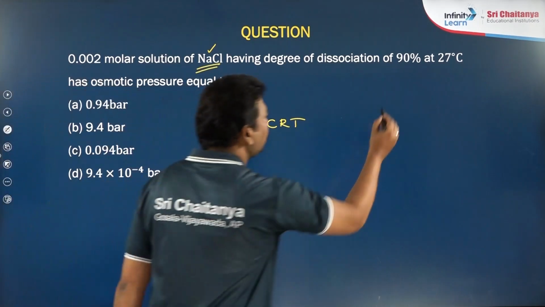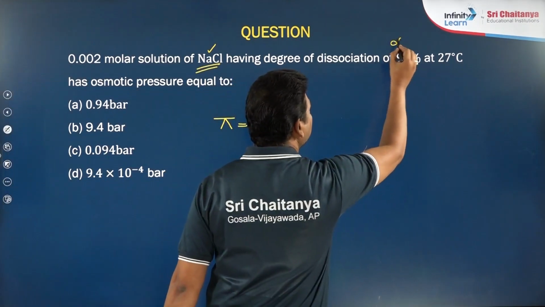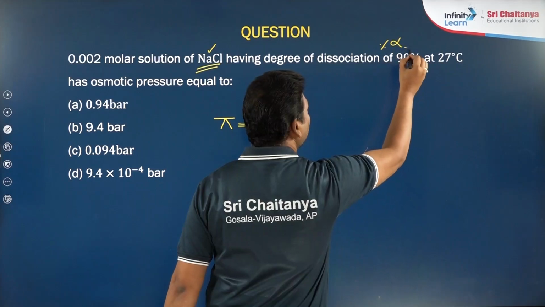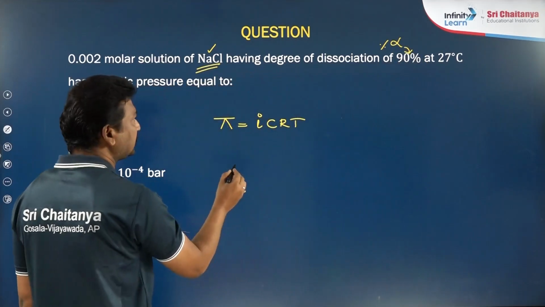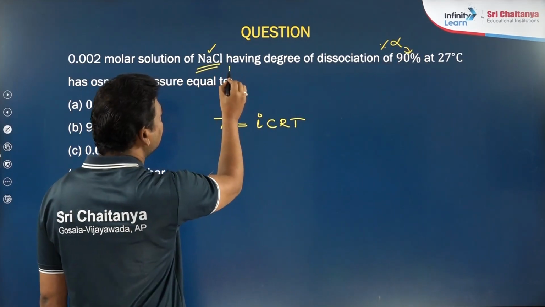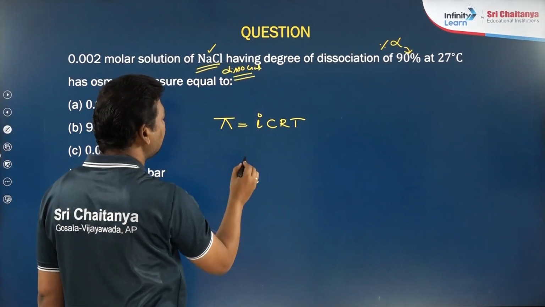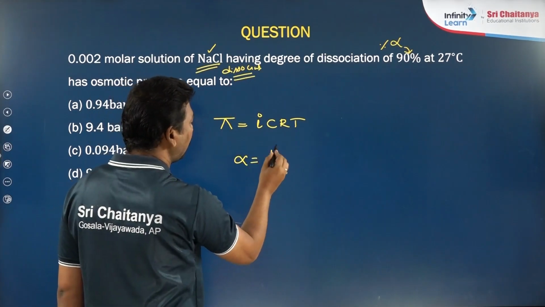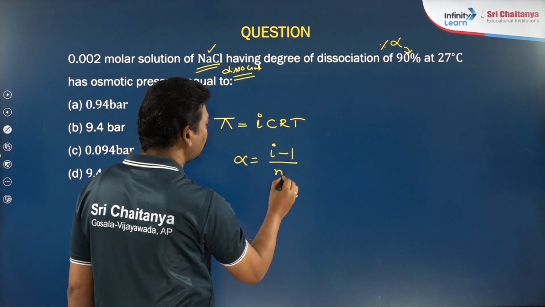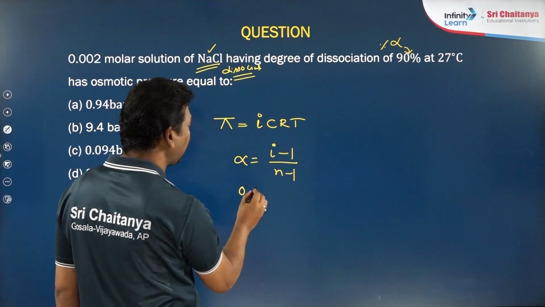And since alpha is mentioned as 90%, we need to calculate i first. Since this is the dissociation of the solute, what's the relation? Alpha is equal to (i minus 1) by (n minus 1). What's the alpha mentioned? 0.9.